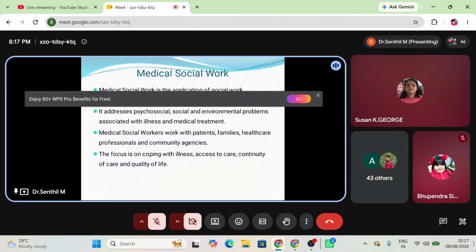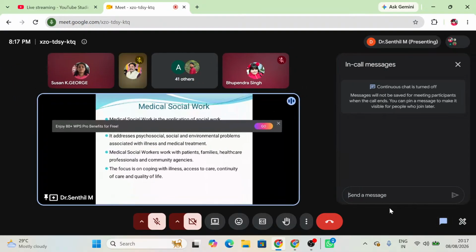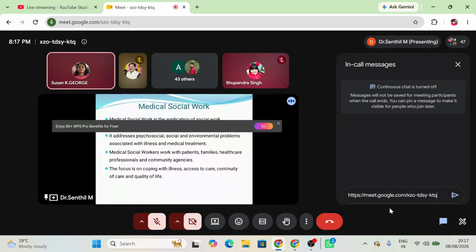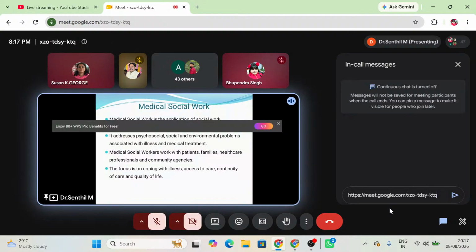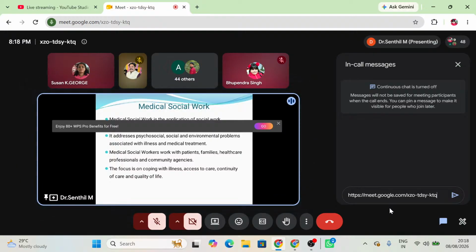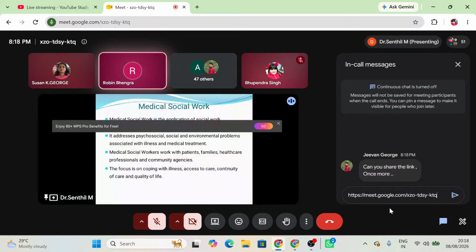The same applies to medical social work: it is the application of social work knowledge and skills in healthcare settings. Medical social workers address the social, psychological, and environmental problems associated with physical illness. The only difference is that we are working with a person with a physical health problem who is seeking medical treatment.